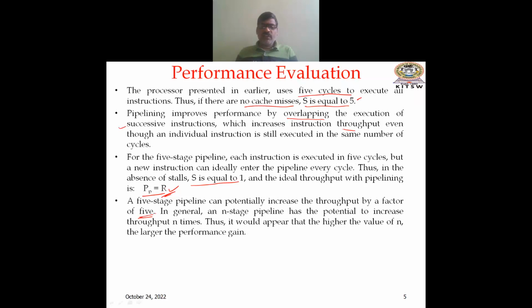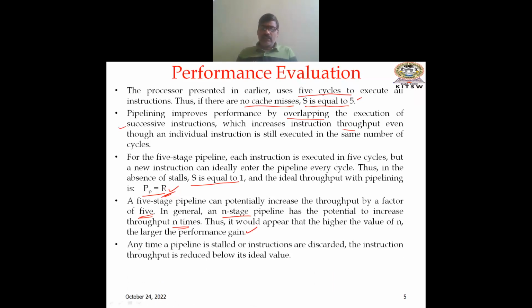In general, an n-stage pipeline has the potential to increase the throughput n times. So it would appear that the higher the value of n, the larger the performance gain, because the throughput is increased. Any time a pipeline is stalled or instructions are discarded, the instruction throughput is reduced below its ideal value.